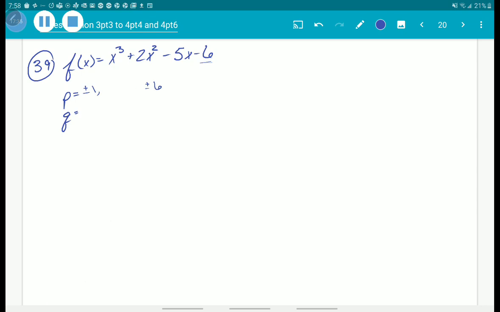So there's lots of different options. We want to take into account every possible option. We could also have a 2 and a 3. So there's all of our possibilities for P. Q are going to be factors of that leading coefficient 1. And the only way I can get 1 is if I multiply a positive 1 times a positive 1, or a negative 1 times a negative 1.